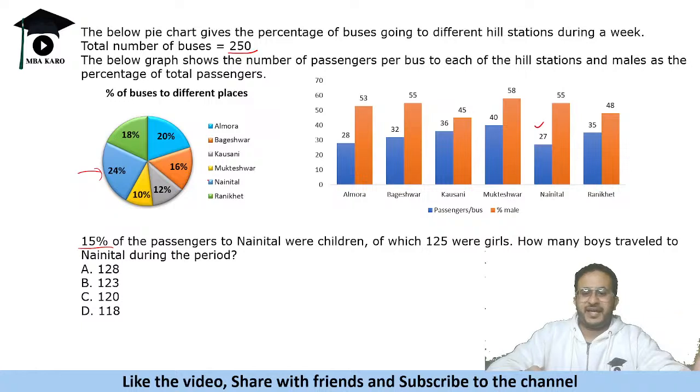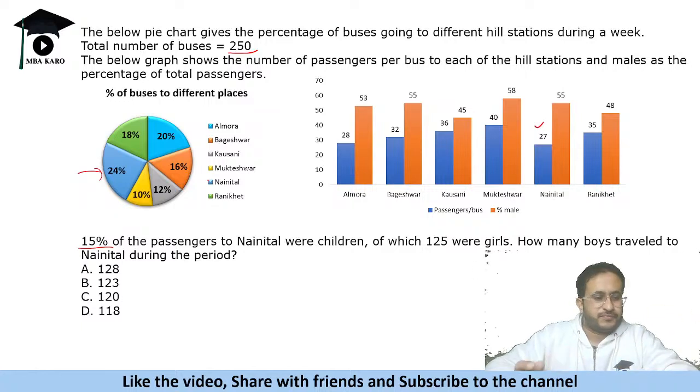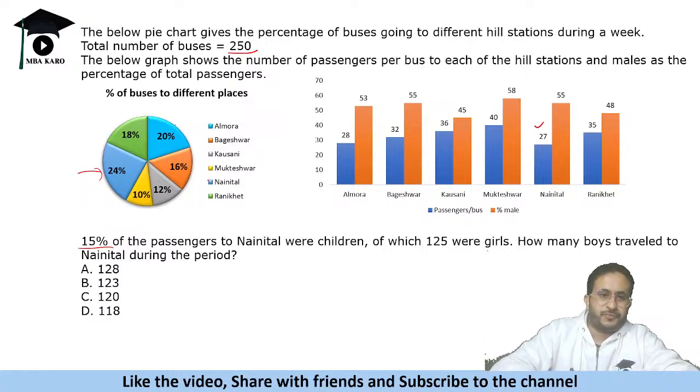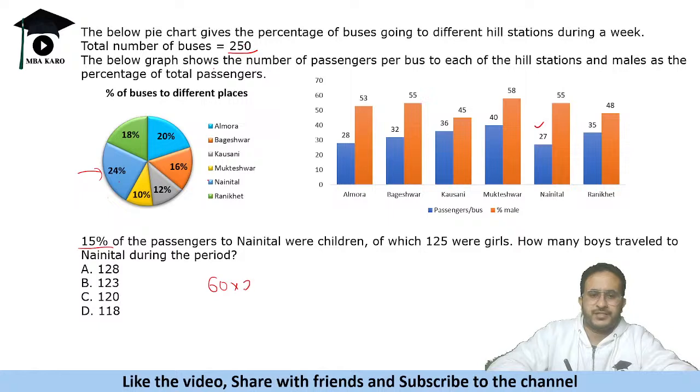Okay, let's see the calculation bit and I'll tell you the approach, that is my approach, which I would use and beat others. So 24%, maybe you would have calculated 60, direct ऐसे mentally हो जाएगा. 60 into 27 is the number of passengers going to Nainital, into 15%.